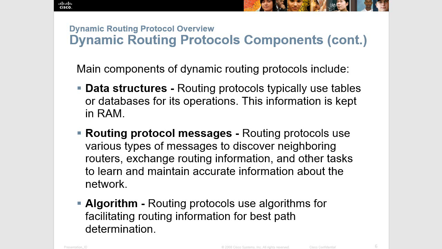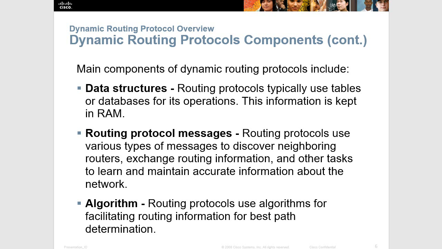It's kept in RAM, so know exactly what that is, as well as your routing protocol messages, which your routers use to exchange information between devices, keep them up to date, or initially exchange information about routes that your router knows. There's a couple different messages they have there. There's hello messages, there's update messages that are sent out there. But this chapter doesn't get into all of that.